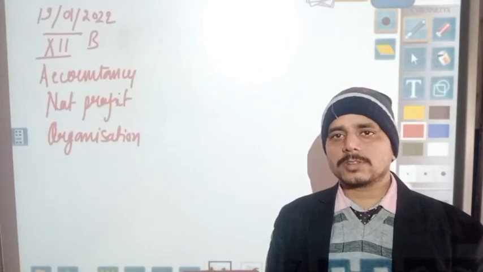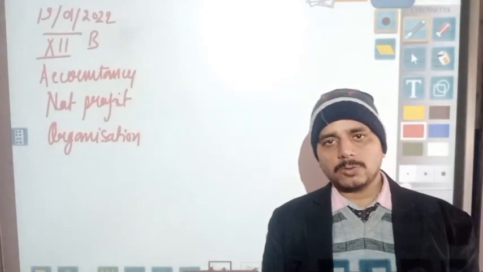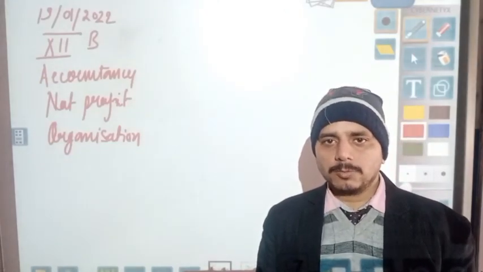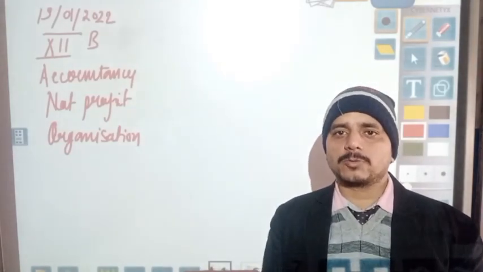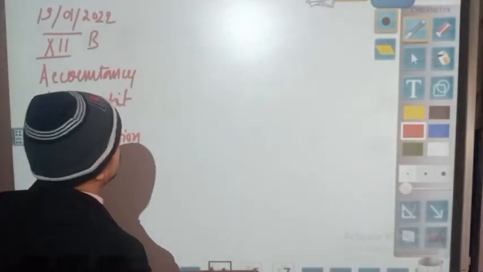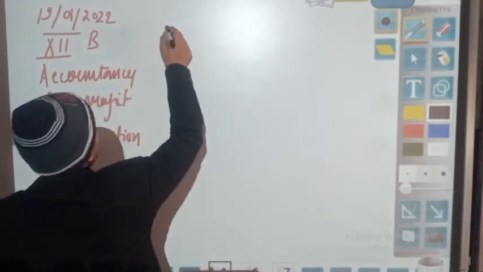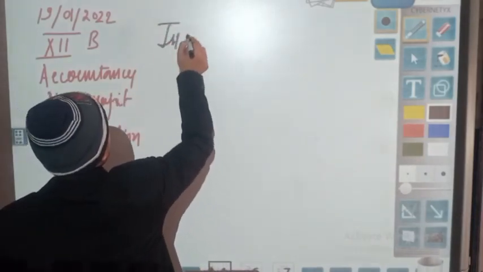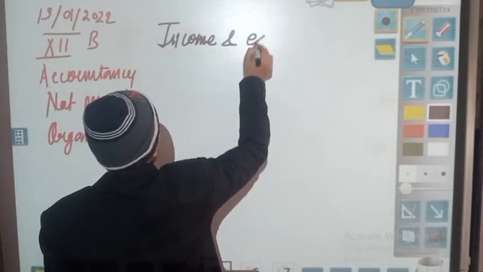So let us discuss what the income and expenditure account is initially and how it will be prepared in the books of a not-for-profit organization.